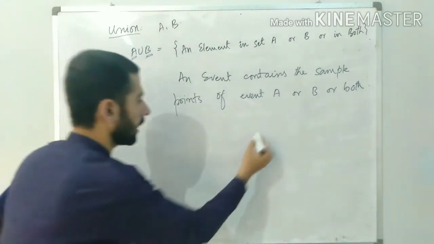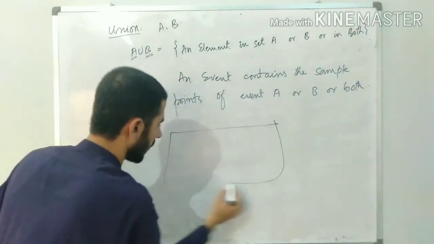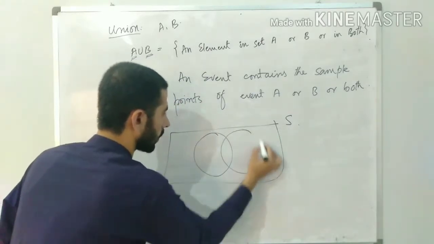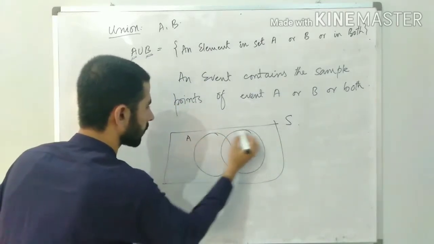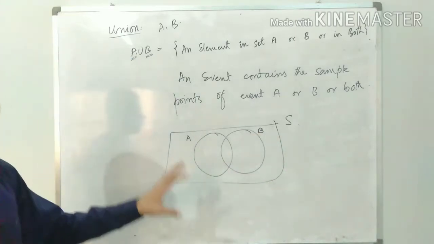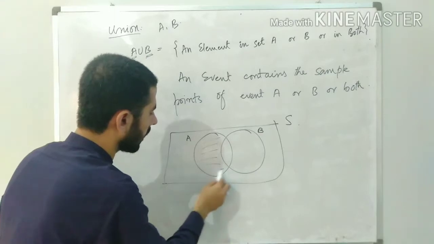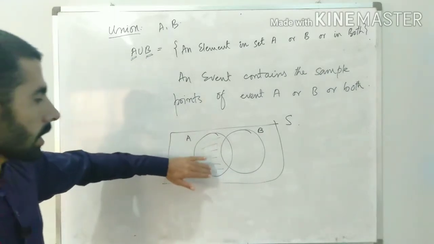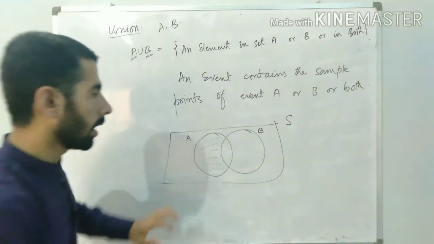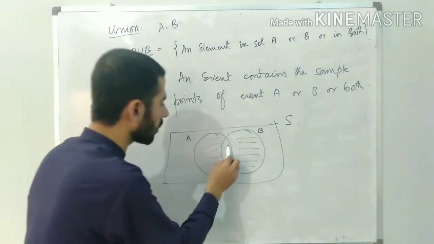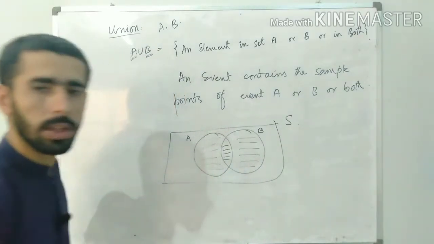So if this is my sample space and this is my event A and event B, by union we say take all the sample points which are in A only, all the sample points which are in B only, and all the points which are in both of them.